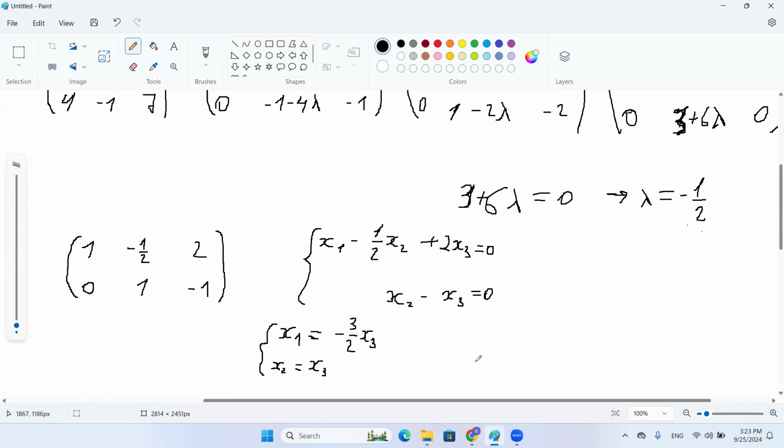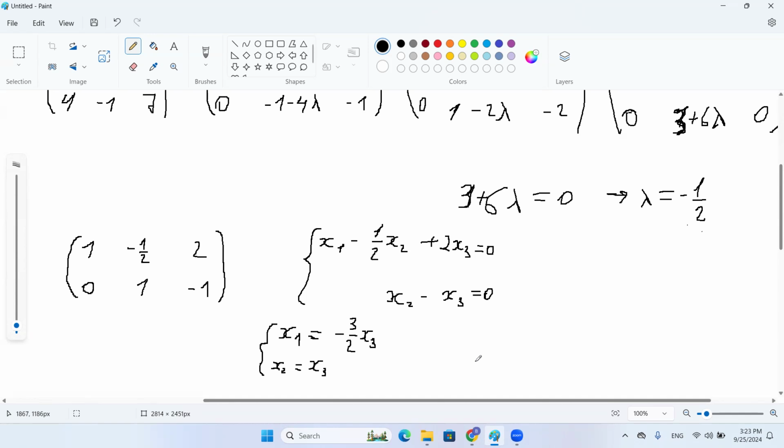I think basis are x1 and free is x3. And what about x2? It's also basis. Correct.